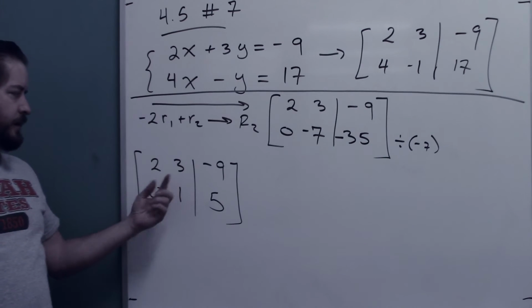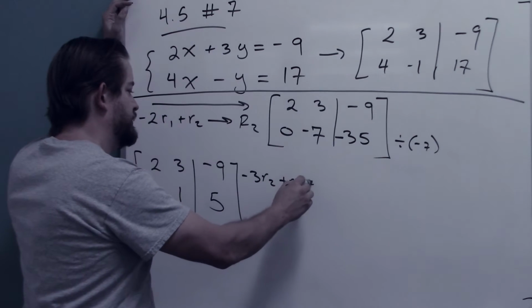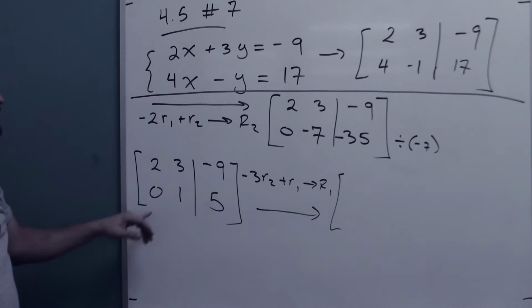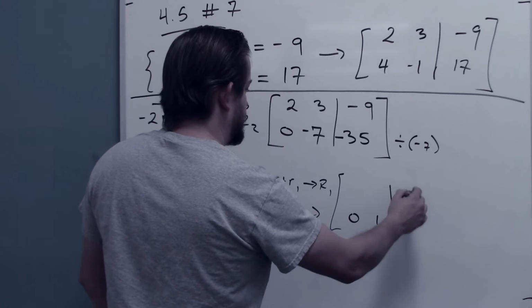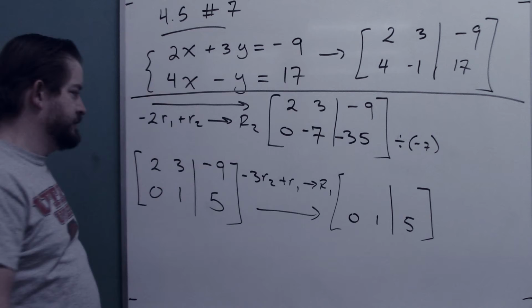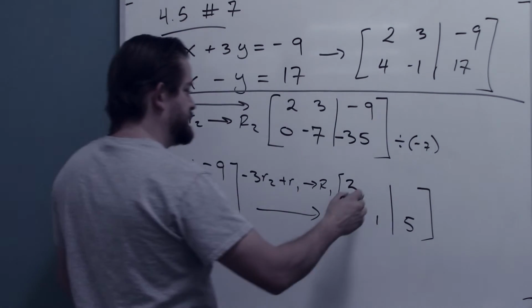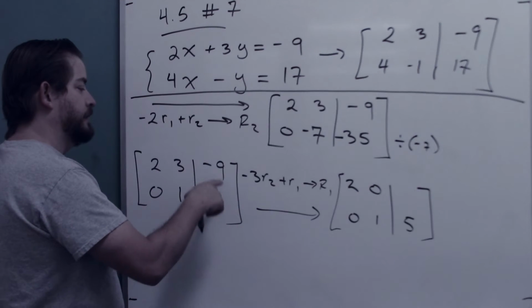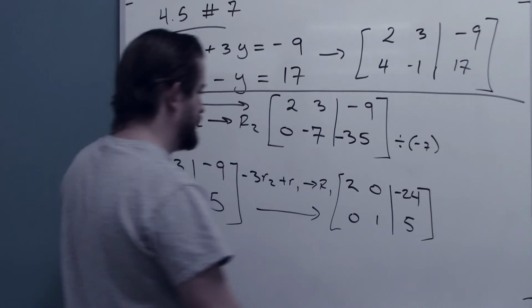Scoot up to this 3, I want to get rid of it, so I'm going to go minus 3 row 2s. Added back into row 1 will give me my new row 1, and I'm leaving row 2 alone. So 0, 1, 5. Negative 3 times 0 is 0, plus 2 is still 2. Negative 3 times 1 is negative 3, plus 3 is 0. Negative 3 times 5 is negative 15, plus negative 9 is negative 24.